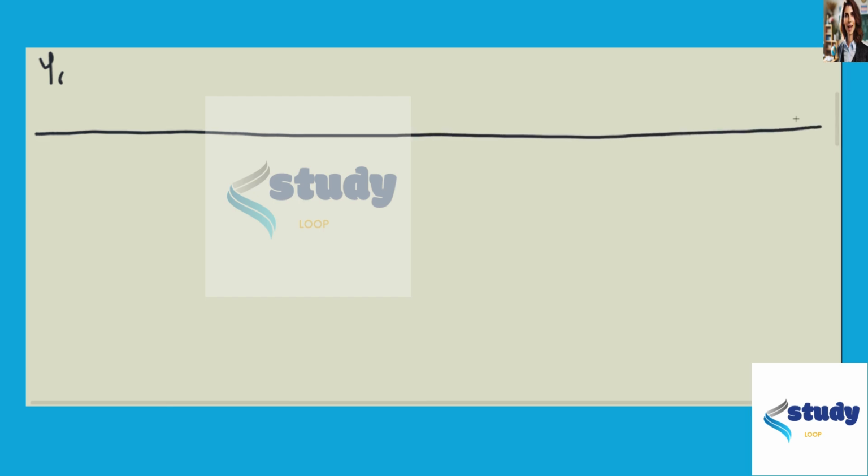The discounted payback period. Now for this, we'll have to write the number of years, then the cash savings. Well, I'm going to write it as a table. So we'll have the years from 1 to 10. Then we have cash savings.